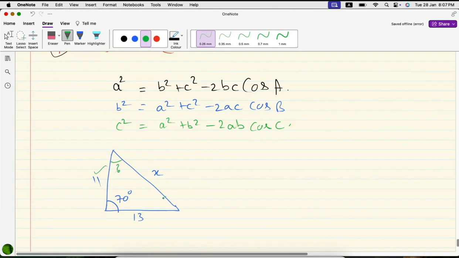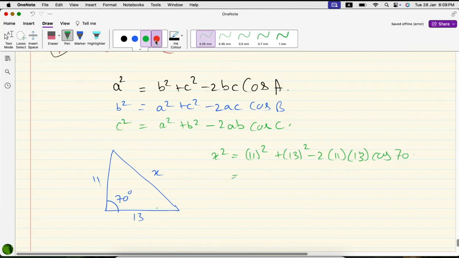If I have this side, this angle is unknown. So here we are bound to use cosine rule. So x square is equals to the remaining two sides, 11 square plus 13 square, minus 2, same two sides, 11 into 13, into cos of whatever is opposite to x, that is 70 in this case.